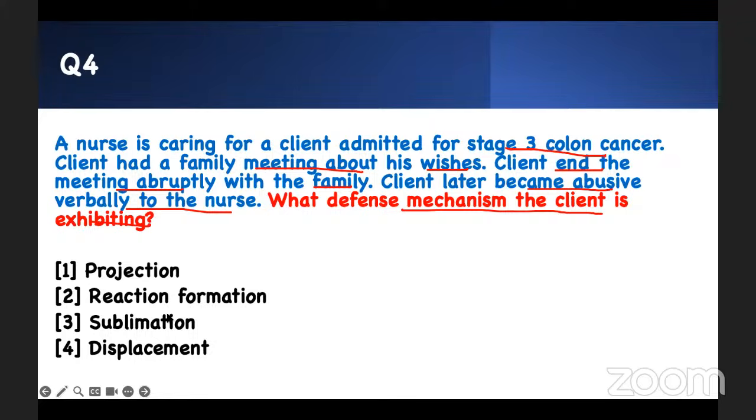Colon cancer. Had a meeting with the family. Now being abusive to the nurse, verbally. What do you think? This is not projection. Projection, there are multiple examples. You did something wrong and you say somebody else did it.